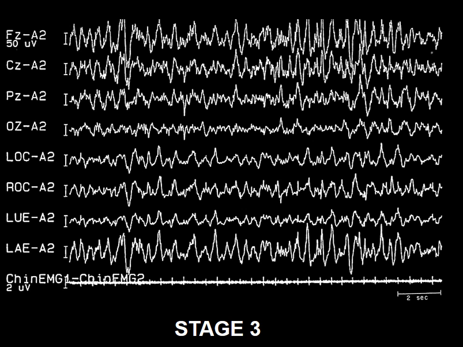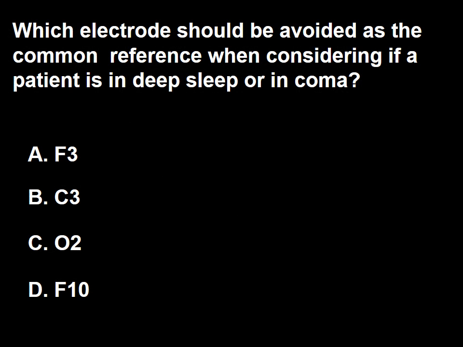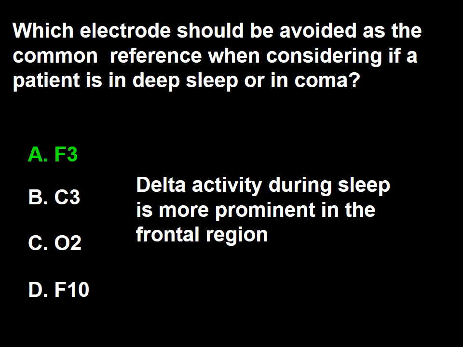Hence, during coma, the amount of slow wave activity should be judged over the occipital and central regions more reliably than in the frontal region. So the answer to this question is A.